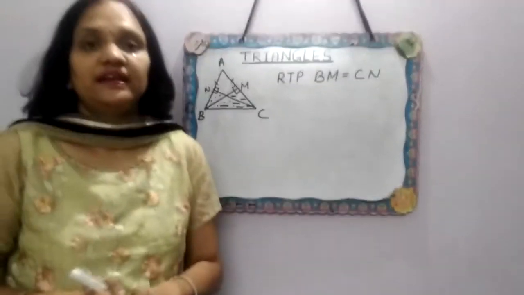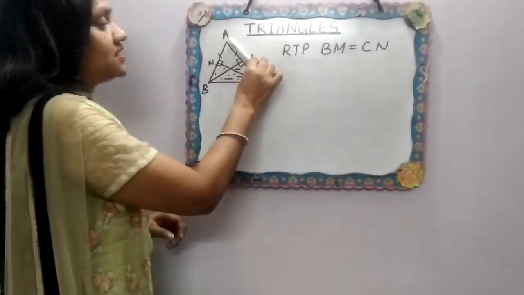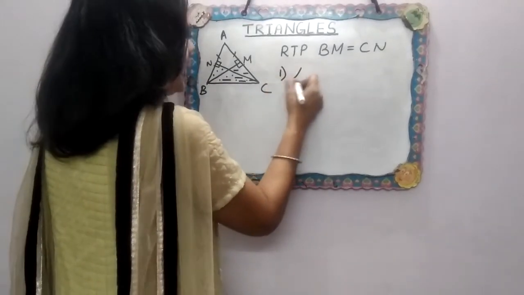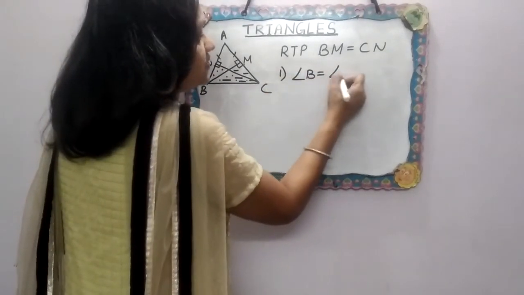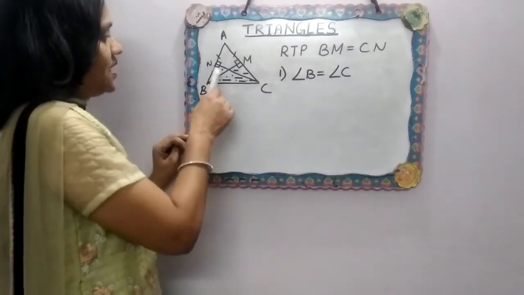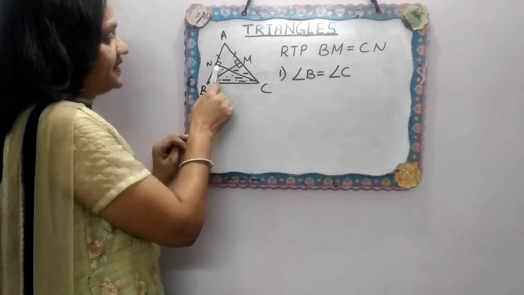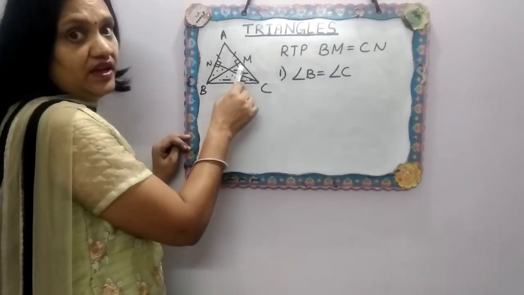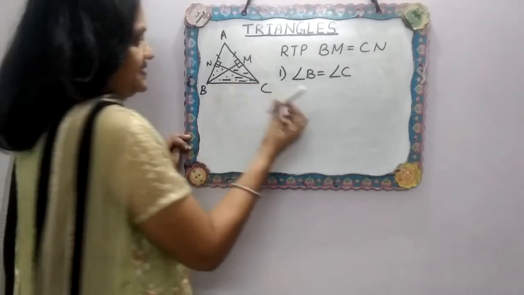Okay, now it is given that AB is equal to AC. Since AB is equal to AC, angle B will be equal to angle C. Angles opposite to equal sides of a triangle are equal. Now this angle 90 degrees of the dotted triangle is equal to this 90 degrees of the triangle with broken lines.